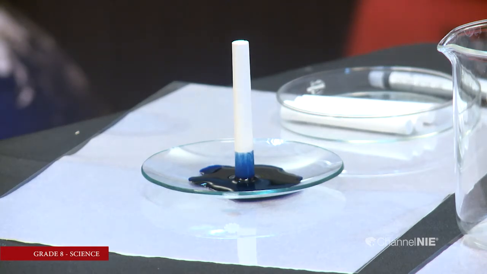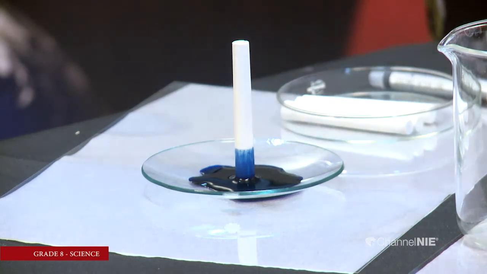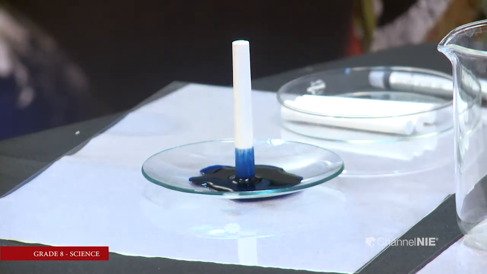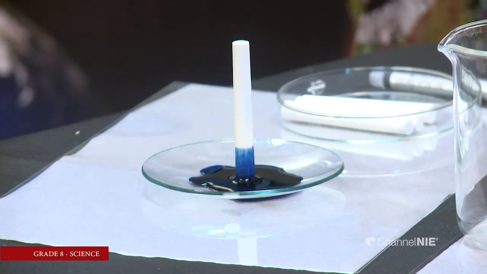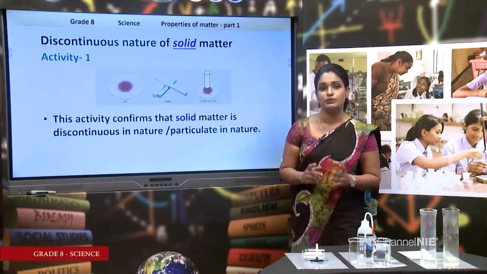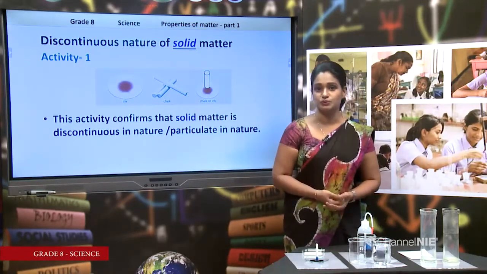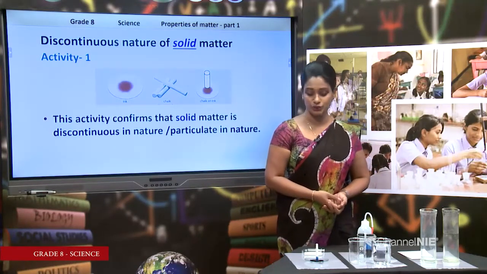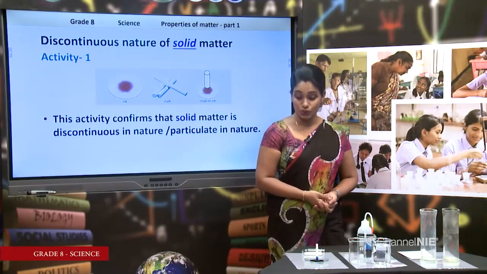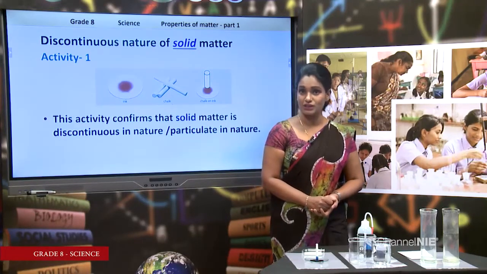By using the word discontinuous nature, can you explain this? Yes, you have to tell this chalk consists of particles. So, among those particles there are many spaces. So, because of those spaces, this blue color ink can pass through. So, that is how you are going to explain that. So, this is an evidence for the discontinuous nature of a solid.